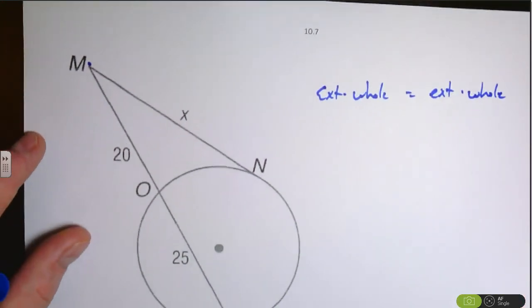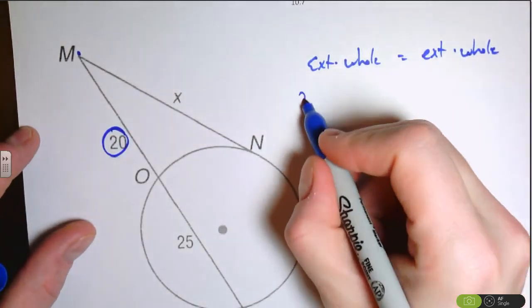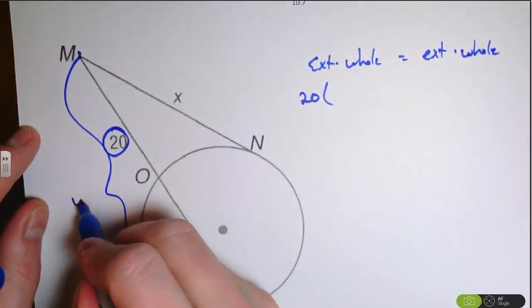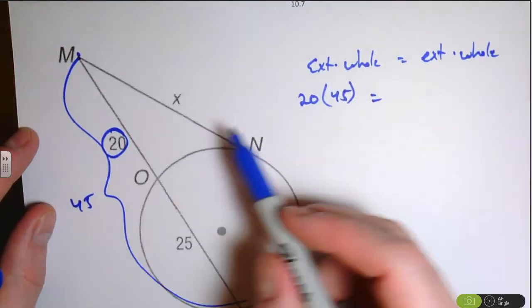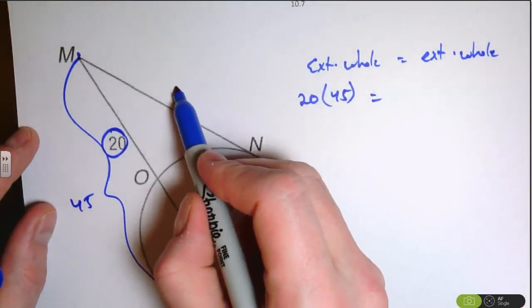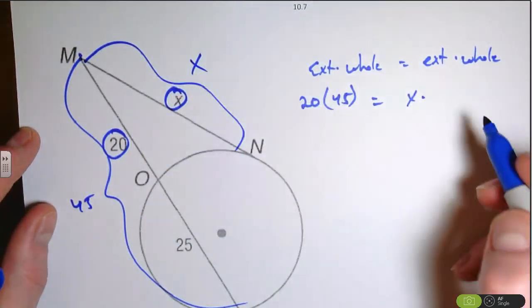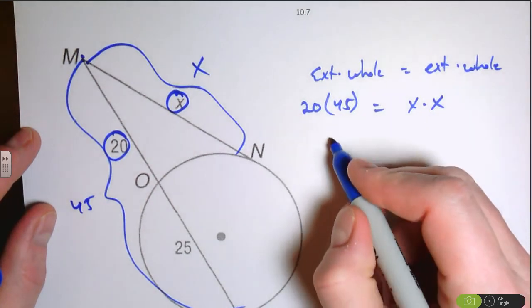What's the exterior? It's 20. What's the whole length? 20 plus 25, which is 45. Now I look over here. What's the outside? It's x. And the whole length is x again. So 20 times 45 is 900.